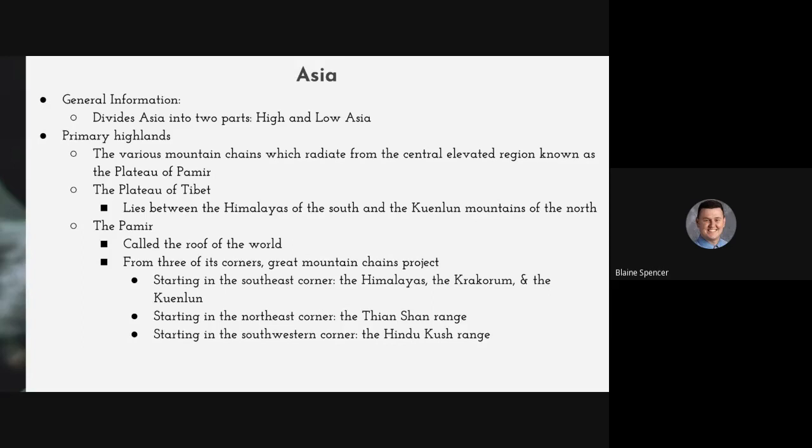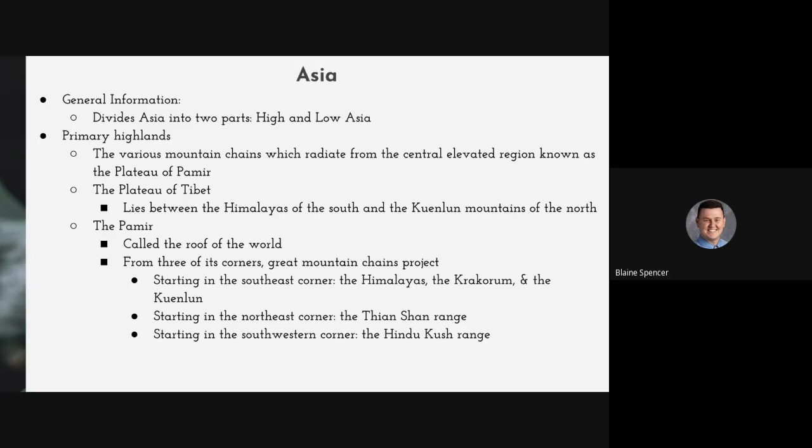Starting in the southeast corner, the Himalayas, the Karakoram, and the Kunlun are going to extend north. Starting in the northeast corner, the Tianshan range is going to move out, and starting in the southwestern corner, the Hindu Kush range is going to move out.